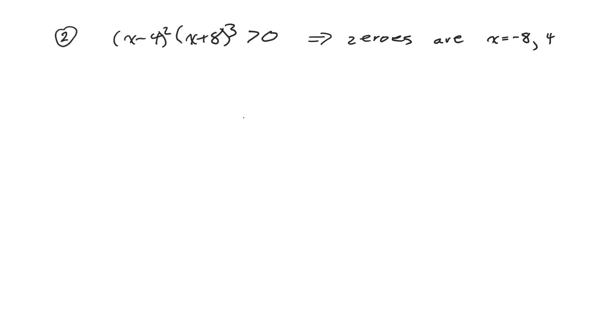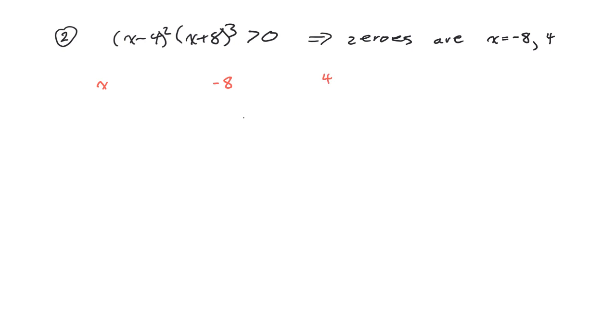So what we can do is we can go and set up our basic table again. So we'll start by, in red, creating the x values that we're going to use for our table. And we're going to write down our zeros, which we have negative 8 and 4.